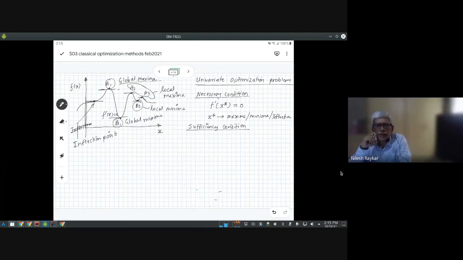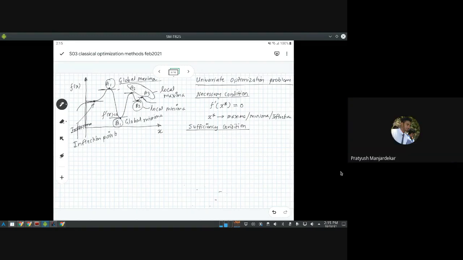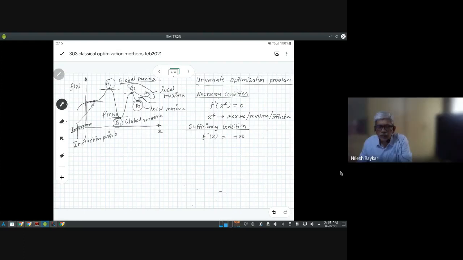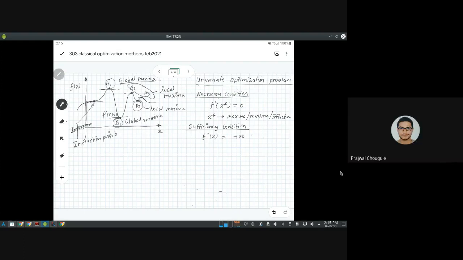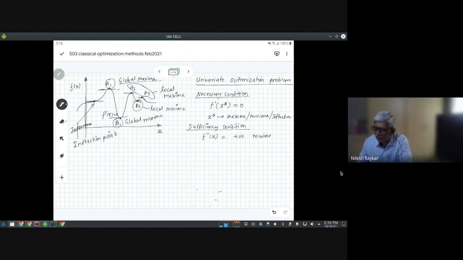Okay, that is the direct way, but the calculus based way: if f double dash x is positive, then we have a minima, and if it is negative, we have a maxima. You are right.